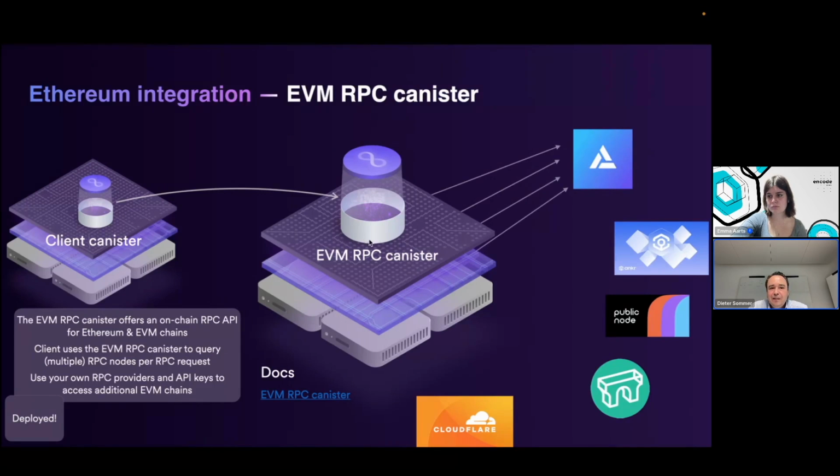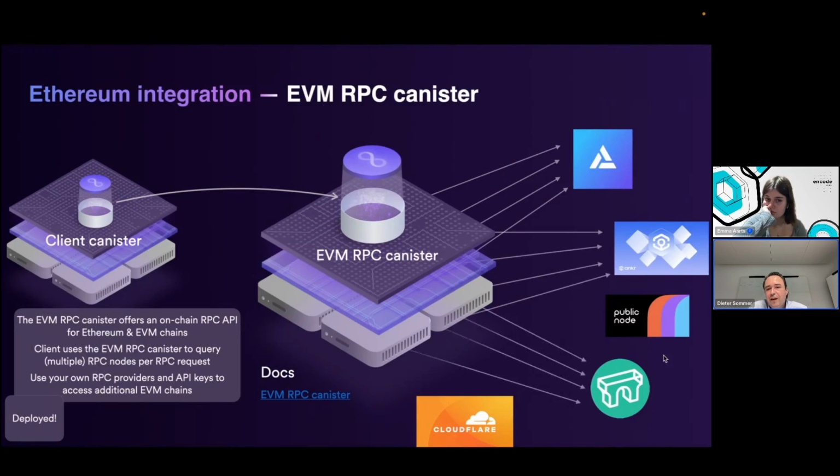And this works in a way that it uses HTTP outcalls. For example, if the client canister wants to make some RPC call, this EVM RPC canister queries 3 different providers, and only if they all give the same result, a response flagged as valid is given back to the client canister.